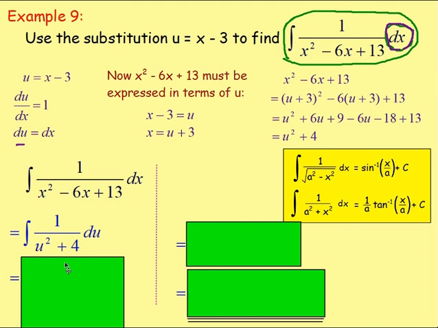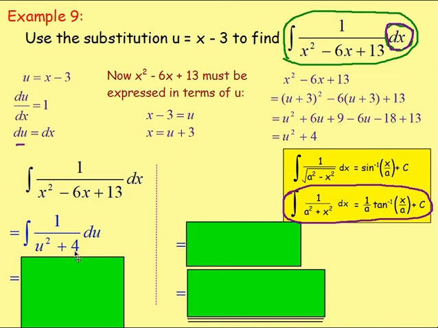From there, we are thinking, how do we integrate that? Well, think of your inverse trig terms. Because you have 1 over, and then if you've got a squared plus x squared, it will go to this formula here. Because we are integrating with respect to u, we've got a u squared and we've got a number.